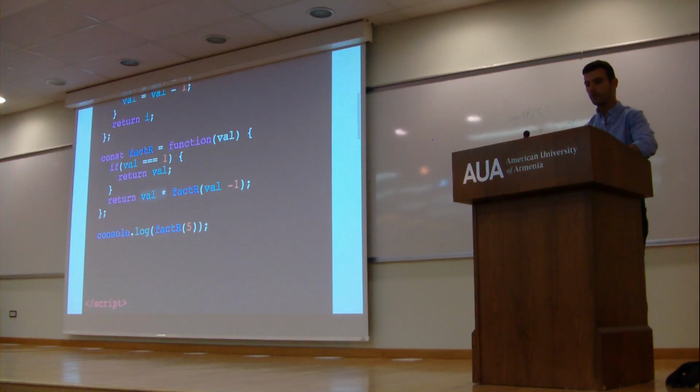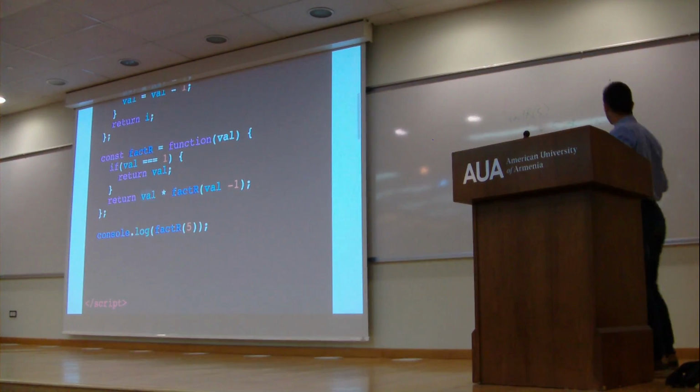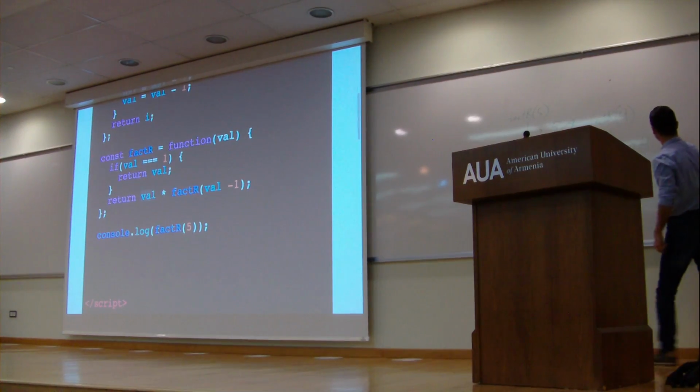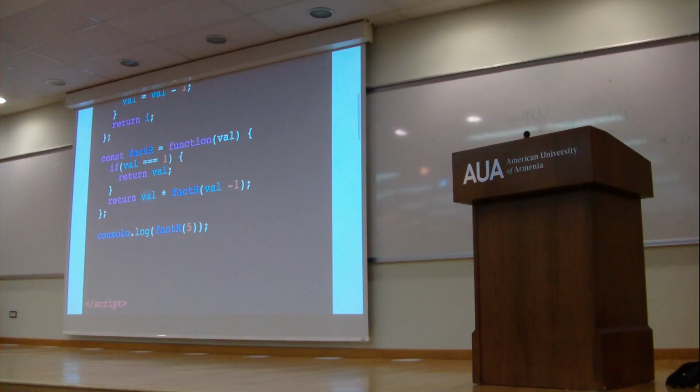What does that do? When we go into this one, what is val now? 4. Is 4 equal to 1? No. So I do val, which is 4 times fact R, and I pass in 4 minus 1, which is 3.